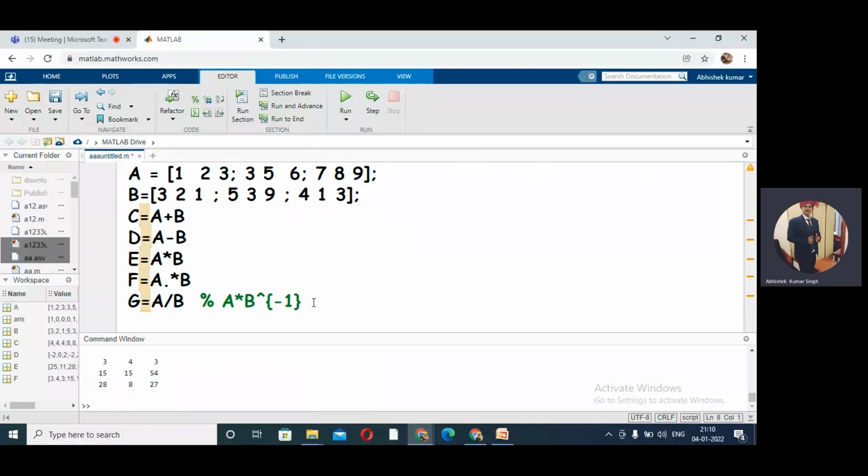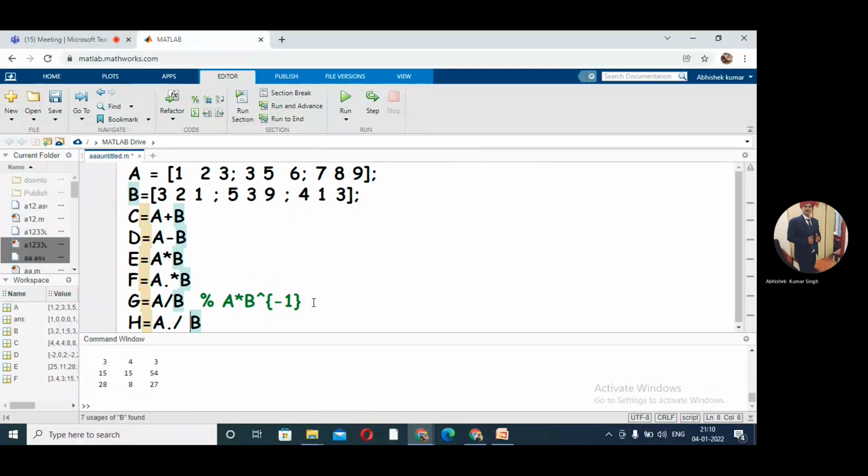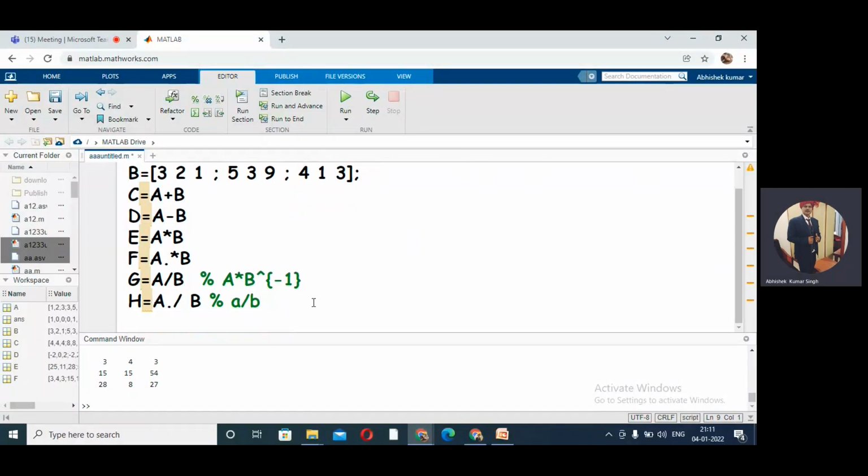And again, H equal to A dot slash B. So this is the same division with element wise. Element wise division means I can write here that it will be A by B: the element of A divided by the element of B. Okay, and in the same way we have the right division also.